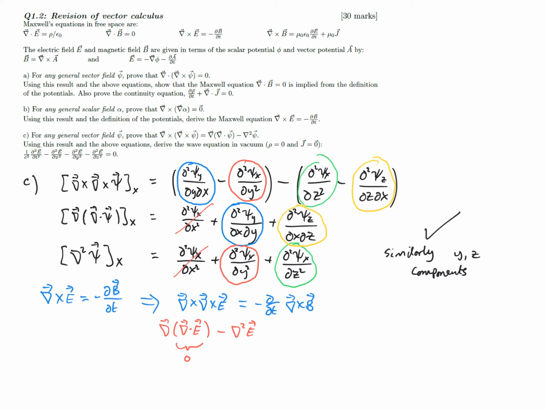What else do we have? Well, we have this term involving the curl of B. What can we say about the curl of B? Well, we can relate the curl of B by one of Maxwell's equations to dE by dt plus j.